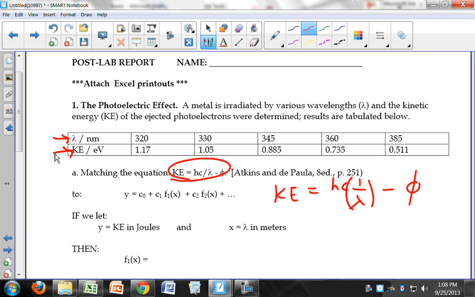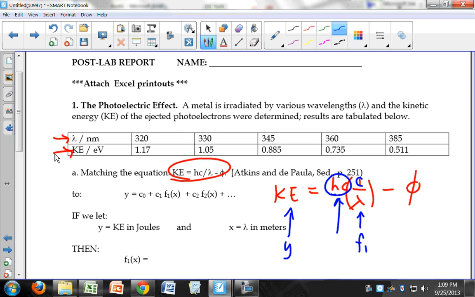Right? So what's our y here? KE, and what's our x? F1 would be 1 over lambda. So hc, we're going to pretend we don't know hc. Actually, we'll use c over lambda.